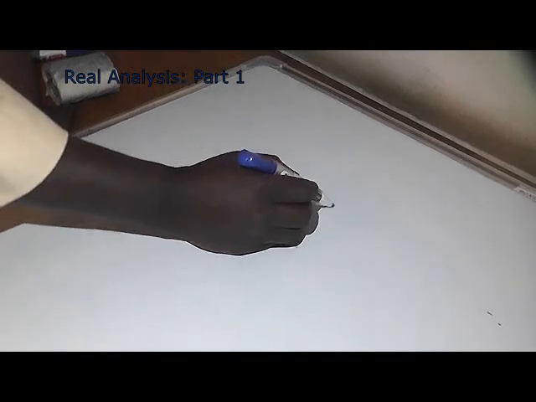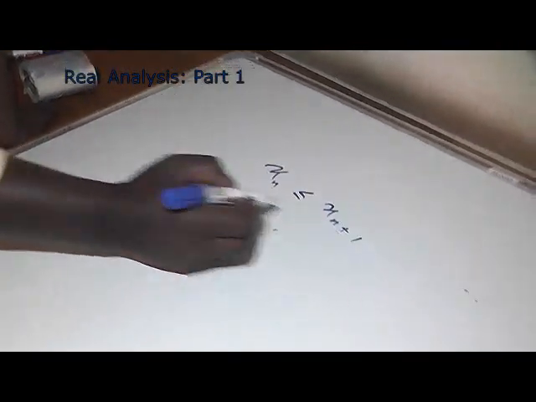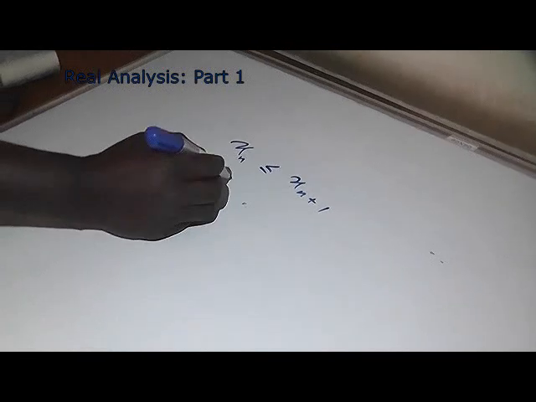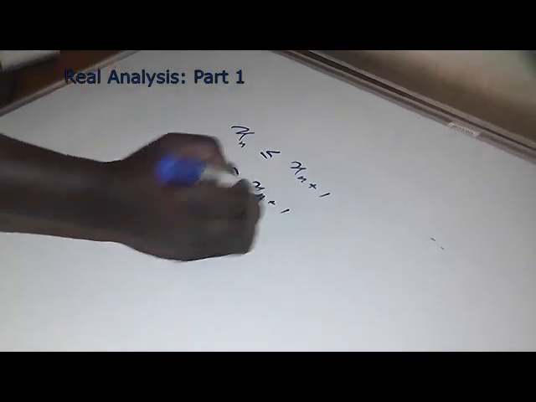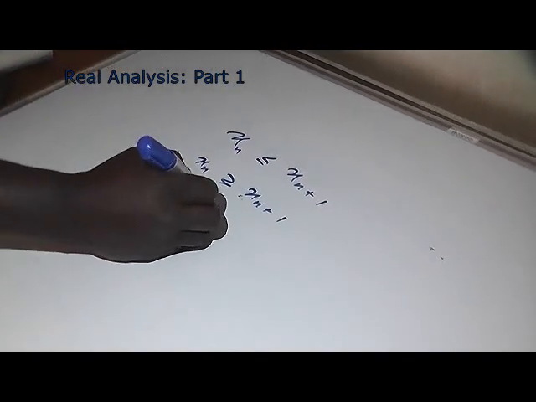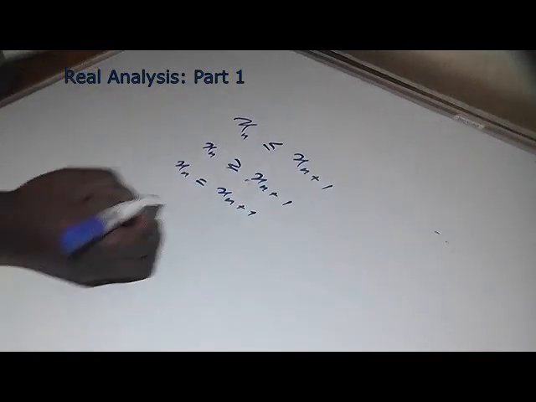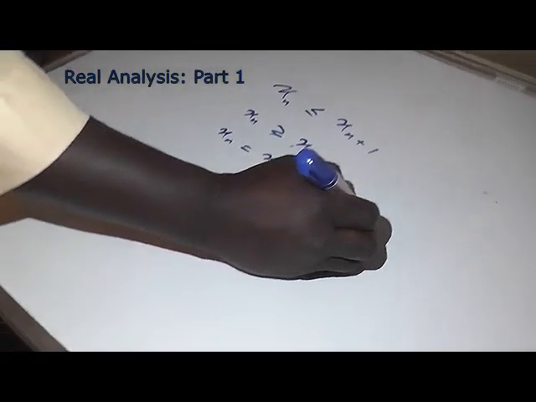Now I want to define increasing and decreasing sequences. A sequence is said to be increasing if xn is less than or equal to xn plus 1. It's decreasing if xn is greater than or equal to xn plus 1. If xn equal to xn plus 1, it is a constant sequence.